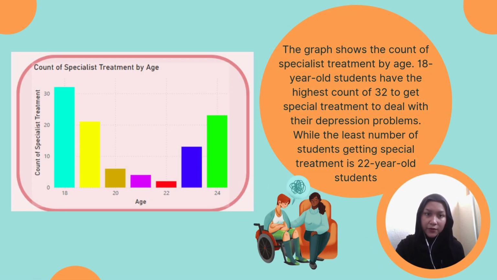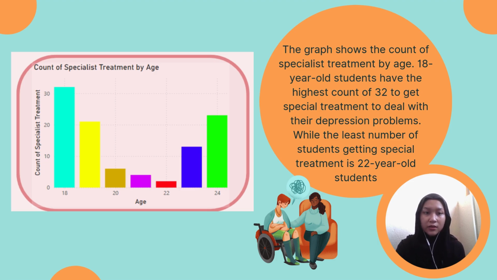Next, the graph shows the count of specialist treatment by age. 18 year old students have the highest count of 32 getting specialist treatment to deal with their depression problem. This is a good thing and needs to be emulated so that students can manage depression well. The lowest number of students getting special treatment is 22 year old students.